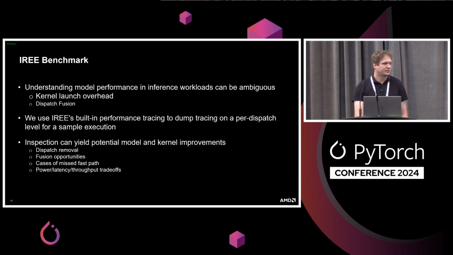If there's some shape that for some reason doesn't go through the fast path, you can look in and address that. And with everything being open source, it's all visible as to what exactly is going on under the hood. There are also power and latency throughput trade-offs you can take into account, if your throughput is memory bound, computationally bound, or power limited, or things like that.